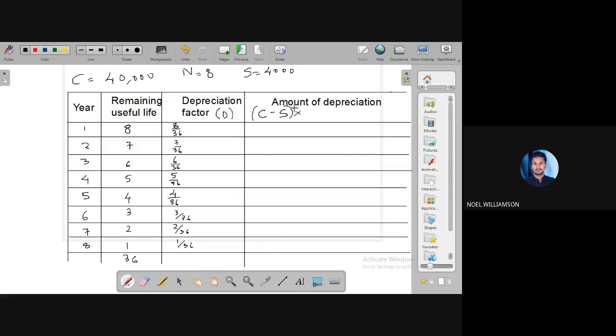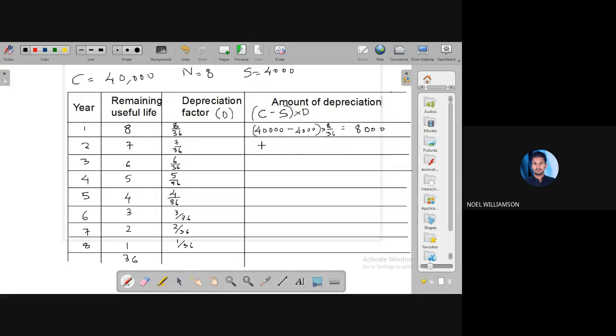If it is D, then into D. So here it is C, that is 40,000 minus 4,000, into 8 by 36, and we'll get 8,000.